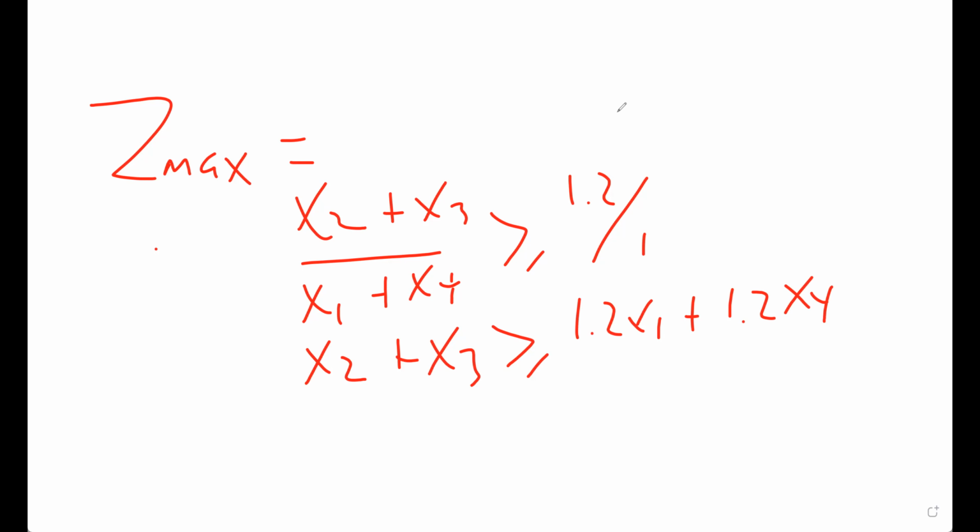So the right hand side will move to the left hand side, which will be moving the first part, 1.2 x1 will move to the left to become negative 1.2 x1 plus x2 plus x3 minus 1.2 x4 greater or equal to 0.